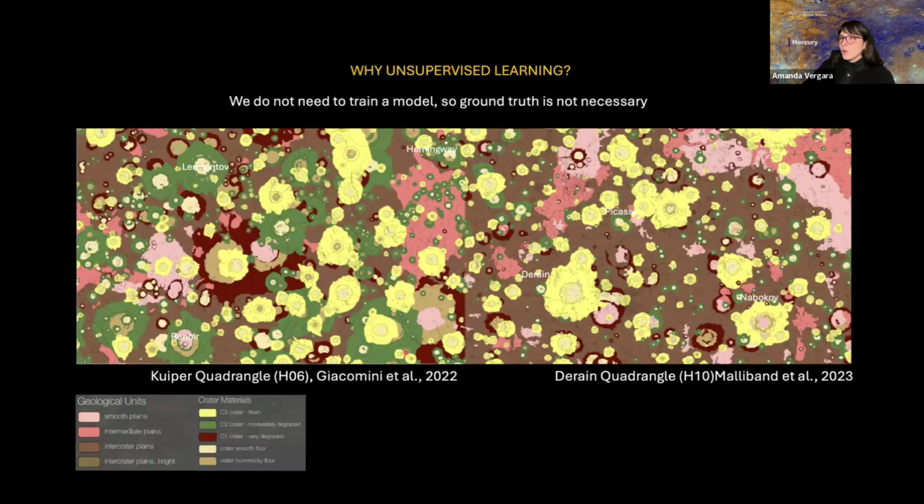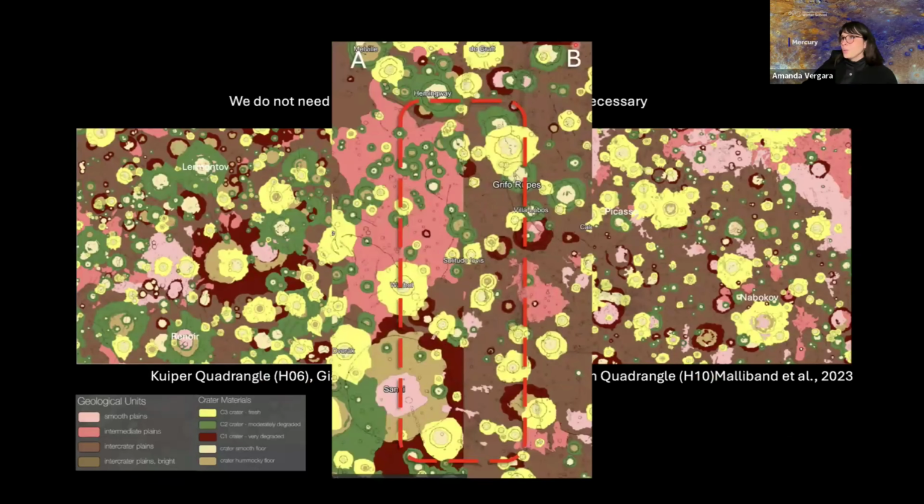Here, for instance, if we compare these two quadrangles, the H06 and the H10, which are adjacent to each other, and we look at the union between these two maps, we can see that the operator in B interpreted this zone as intercrater plains, while the operator in A interpreted the same terrains as intermediate plains.